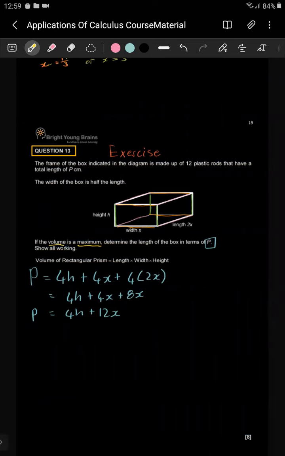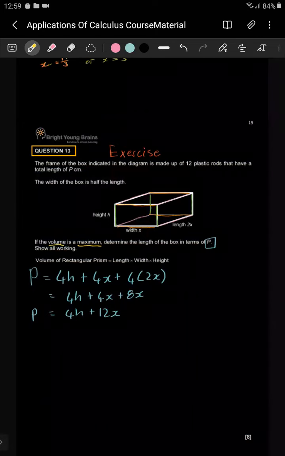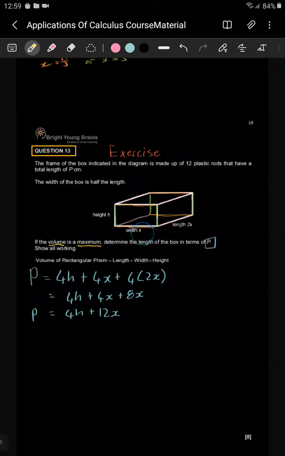Then the portion where it says maximum, all it means is that you would need to differentiate the volume equation and make it equal to 0. Whatever you work out after making it equal to 0 is going to be a specific value for your dimensions that will cause the highest volume possible.